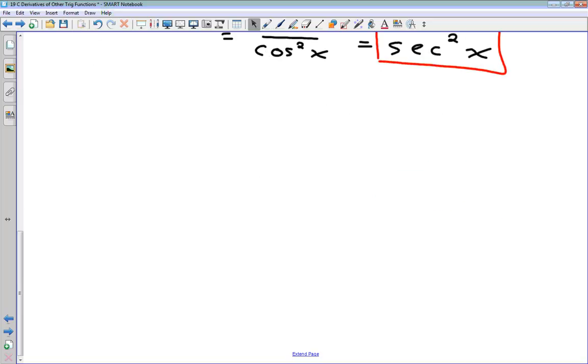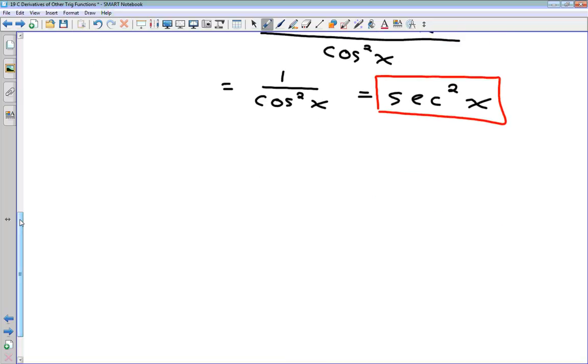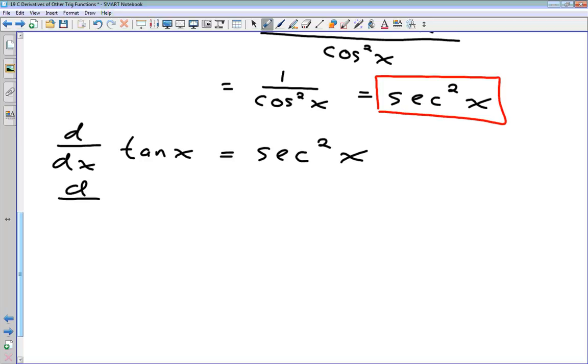Okay. So what we're going to find here is that these four derivative rules that we're looking at follow a bit of a pattern. We've looked at the first one here. The derivative of tan x is secant squared x. The derivative of cotangent, well, let's see, if the derivative of tangent is secant squared, the derivative of cotangent is cosecant squared x.